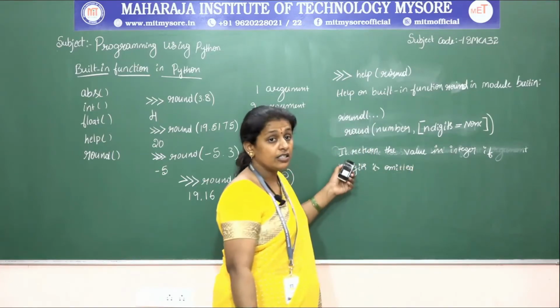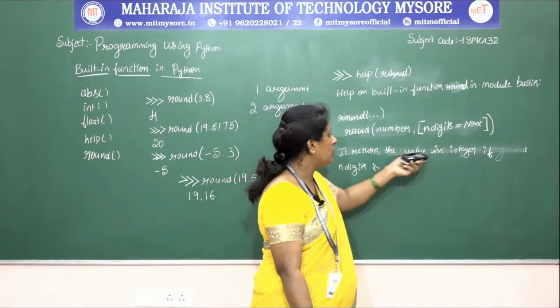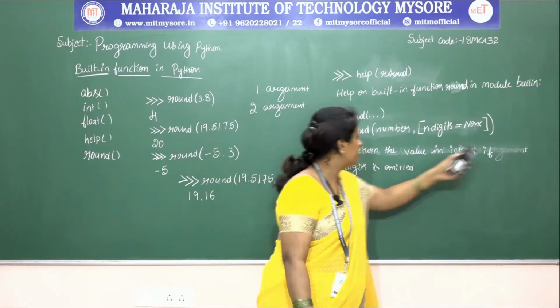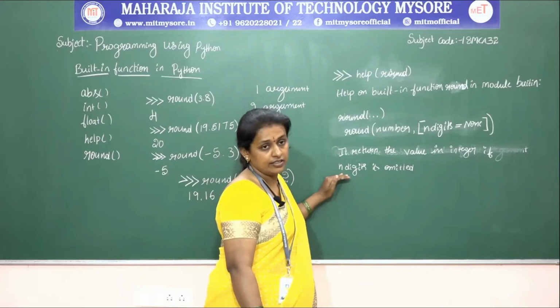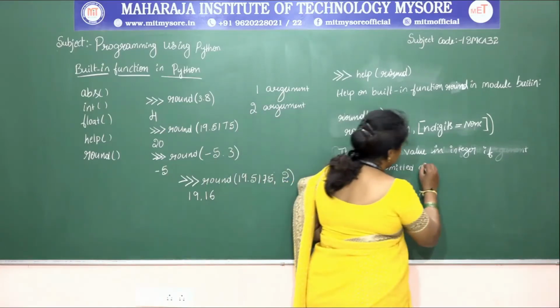It returns the value as an integer if this n digits value is omitted or None.